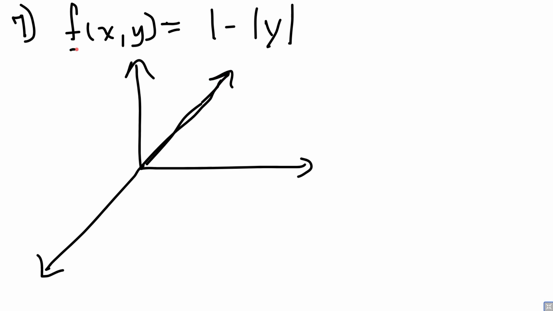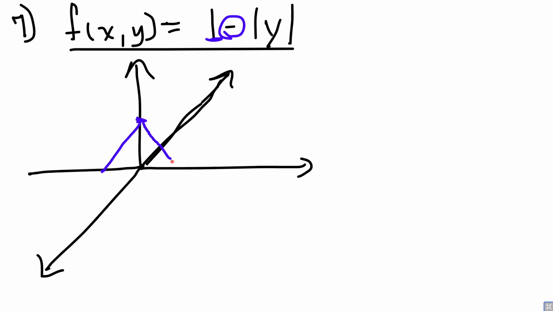Now, if we look at this, we're basically looking at the graph of an absolute value function, but it's going to be dealing with only z and y. This tells me it's going to shift up 1. And since it's negative, it's going to open down. So this is what you're going to have.